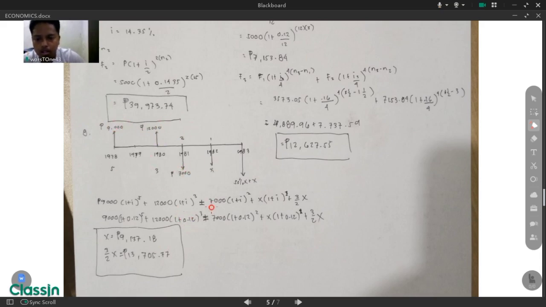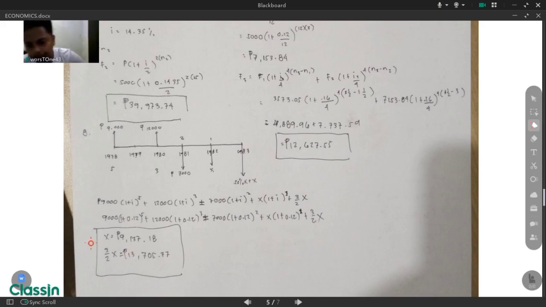Equals 7,000 times (1 plus i) to the power of 2, since from the 5 years span of time, then 7,000 plus x from 1982, raised to the power of 1, and 3 over 2 x, which remains as x. So this is 3/2 x, which is equal to 50% of x plus x, or 1 and 1/2 x.